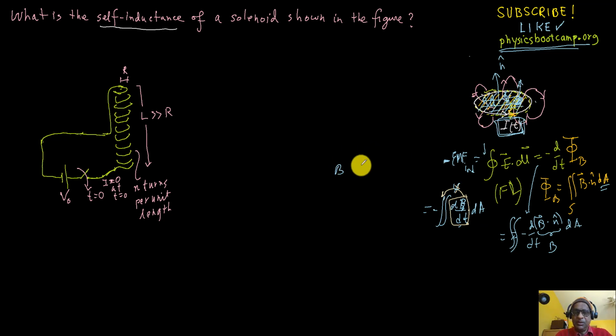Where the current is going, B is proportional to the current. So if I look at this EMF and just take the minus sign off, the EMF induced is going to be the integral of dB/dt dA, and this should be proportional to the current.